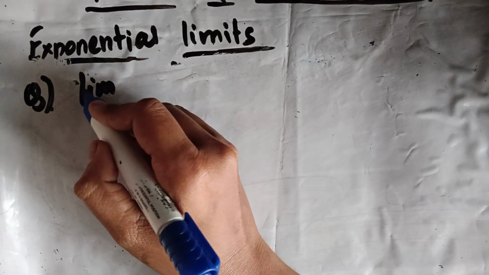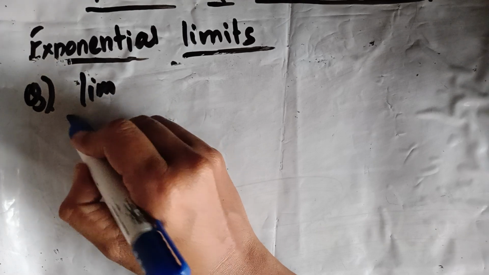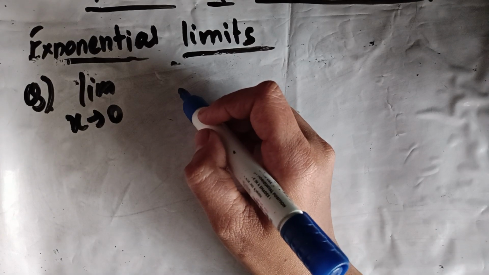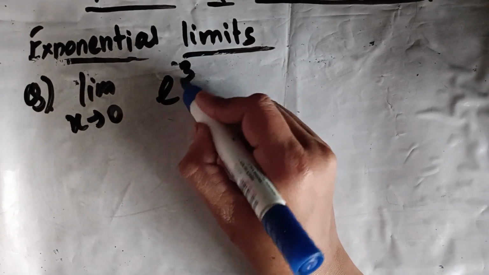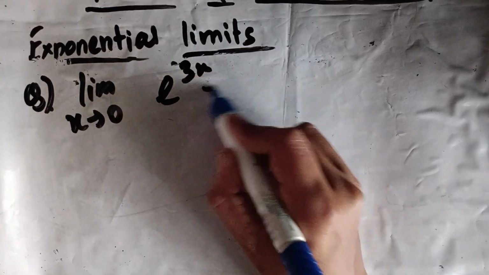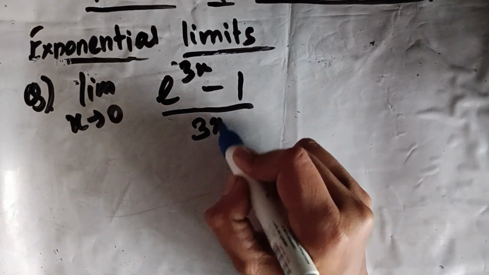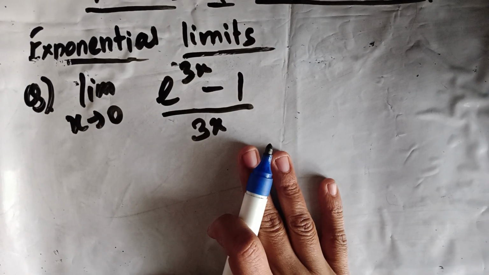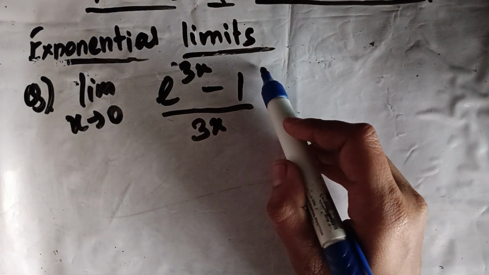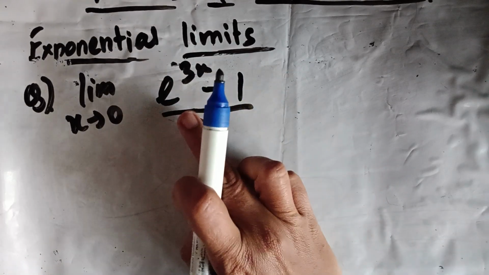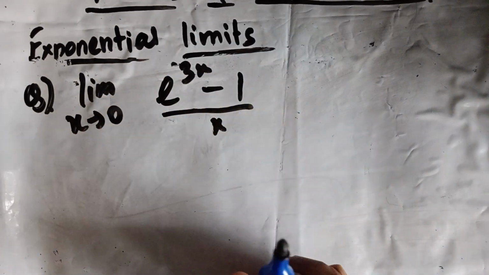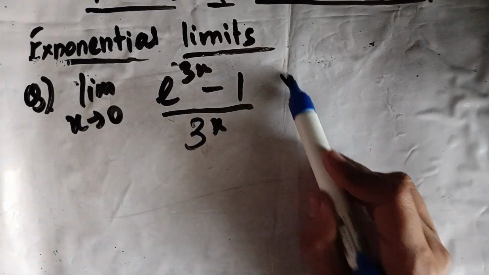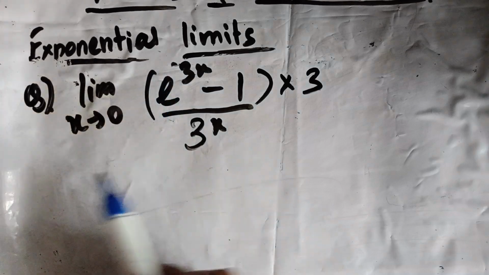Limit x tends to 0, (e raised to 3x minus 1) upon 3x. The same you have to apply here. This is given like this, so we have to make it 3. So divide and multiply by 3.